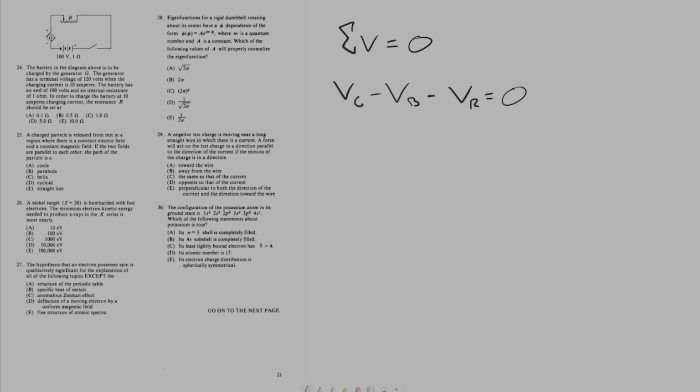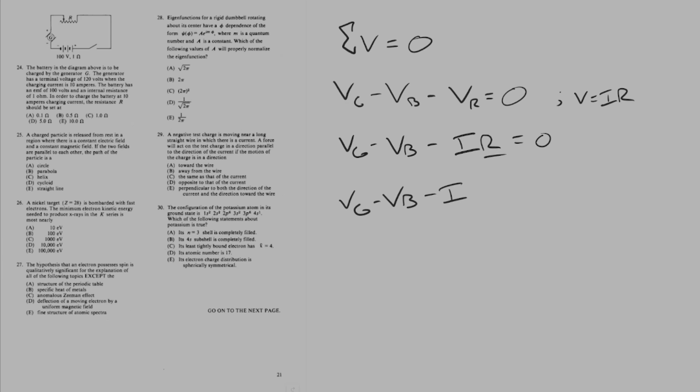Now we have to expand out the resistor voltage, which we can do using V equals IR, and plug that in. So I have IR, but there's an internal resistance of 1, so we're going to put that in series. So I have I times (R plus 1). Then essentially we just plug numbers in.